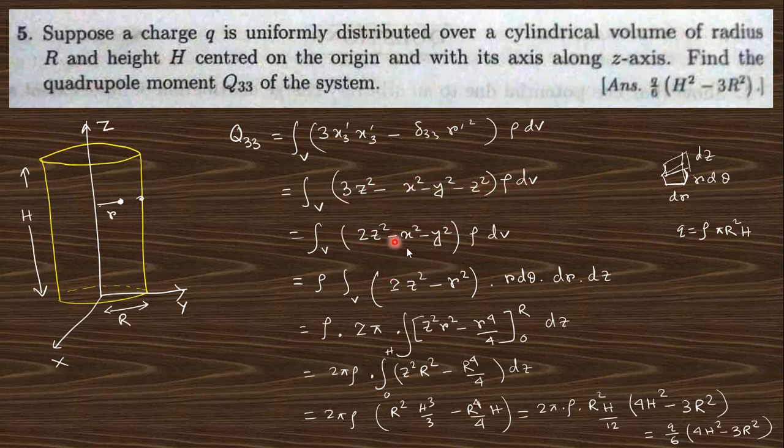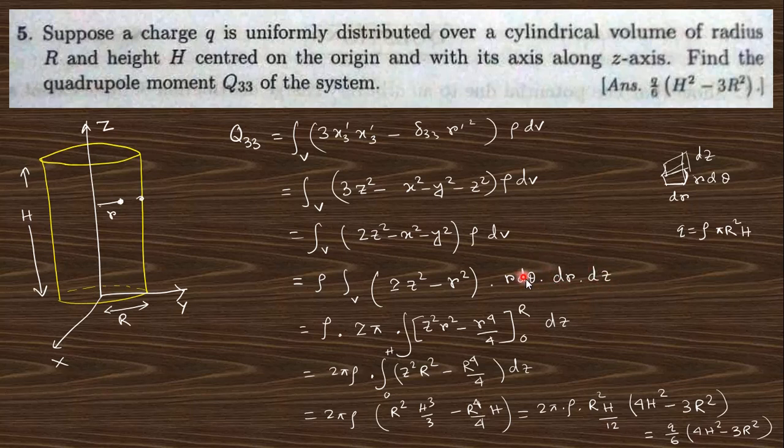In the cylindrical coordinate system, if you take the position r, theta and z, this will be 2z square, and x square plus y square is r square, times rho dV, where rho is constant and dV is nothing but r d theta dr dz.